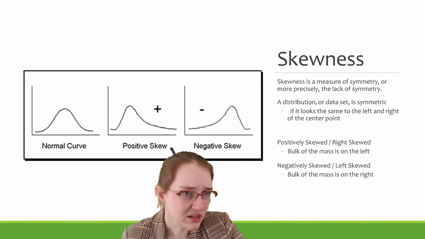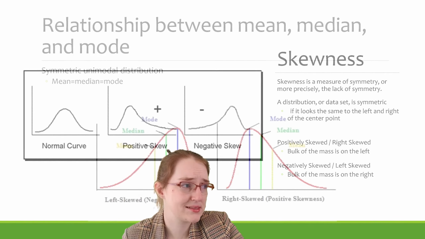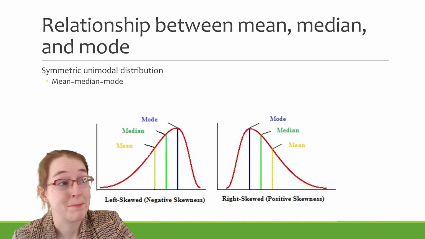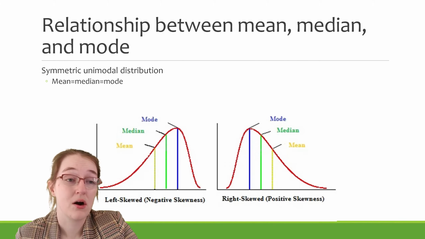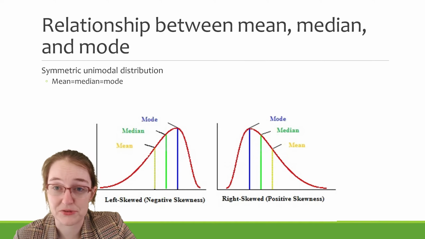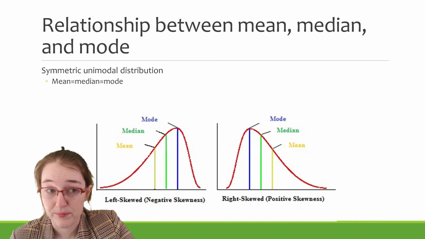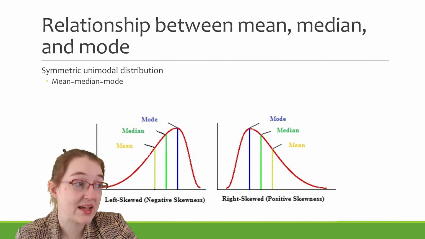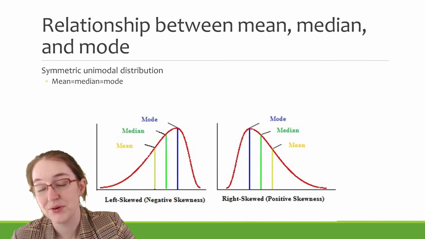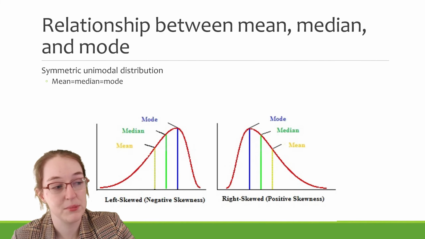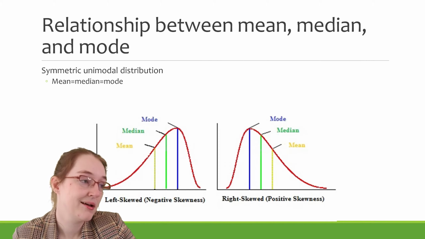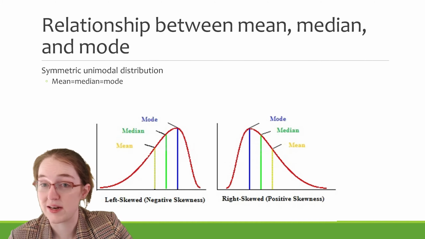Now, the cool thing is that, as I mentioned earlier, mean, median, and mode are the same if you have symmetric data. So if it's balanced. However, when you have asymmetric data, depending on how the mean, median, and mode are situated, that can tell you a lot about your data.